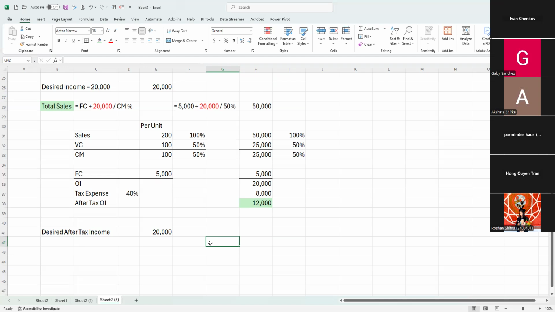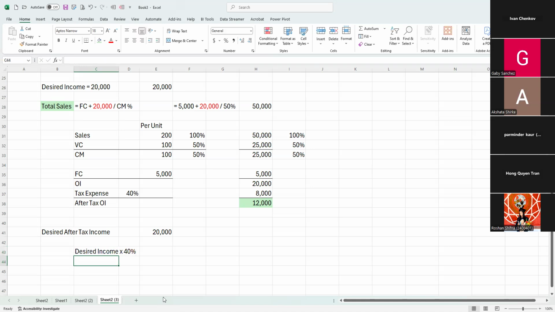Fill in after-tax operating income as 20,000 and maybe multiply it by 40% to get operating income. Let's see. So what you're saying is, the desired after-tax income, 20,000, you multiply by 40% to get operating income.